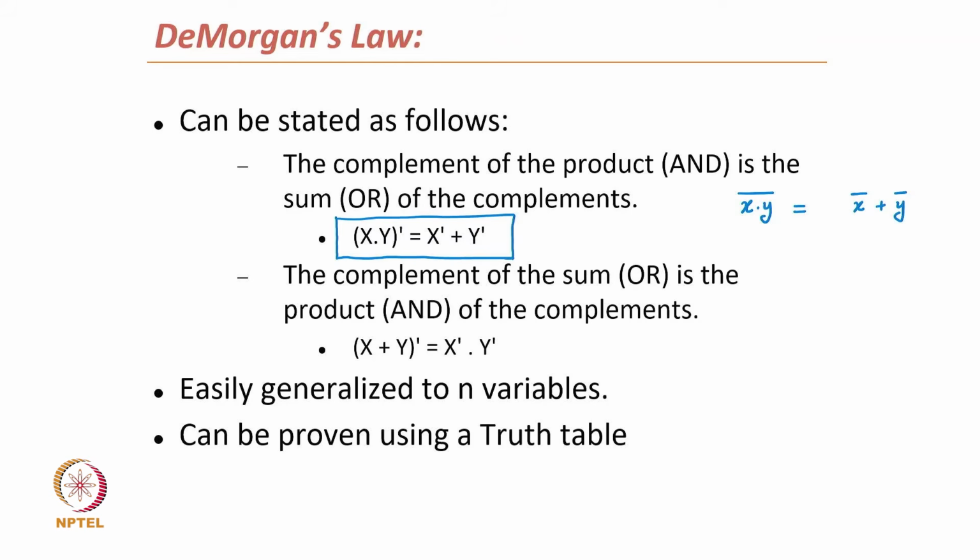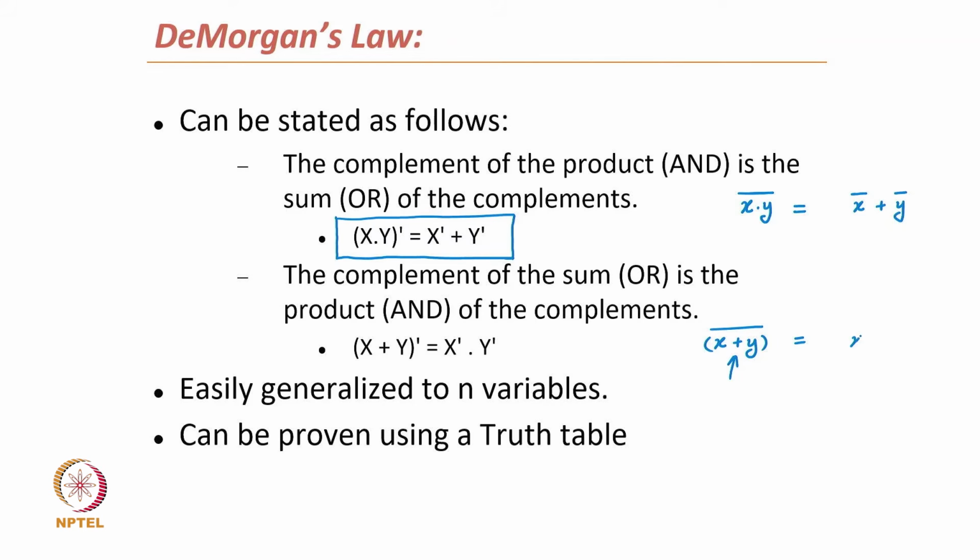This is one rule, and similarly, if we have (x plus y) with a whole bar on top, this can be written again with the same law. We change the sign in between and break the bar onto the individual literals.